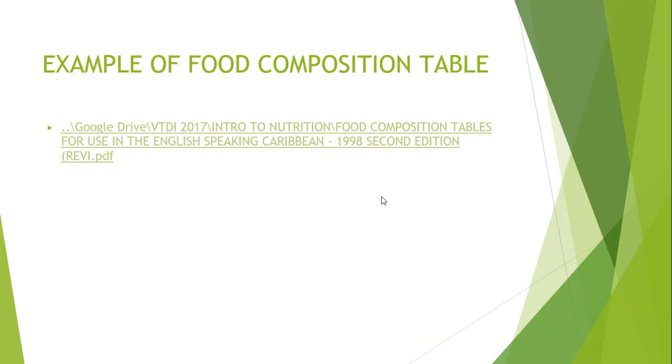So now that you see an example of what a food composition table is like, and that it gives you the amount of nutrients, whether macro or micronutrients, vitamins, minerals, fat, protein, and carbohydrates that is available to a specific amount, in this case 100 grams of a specific food type.